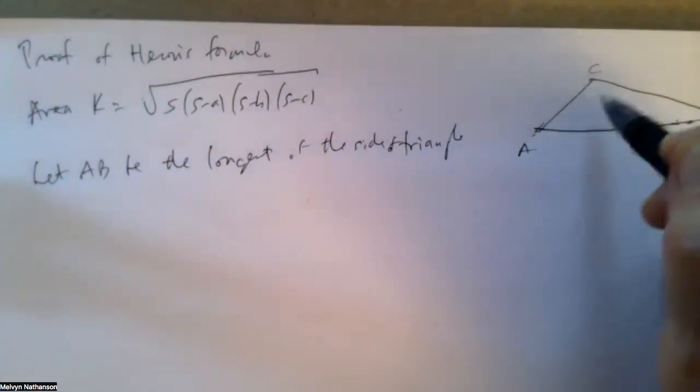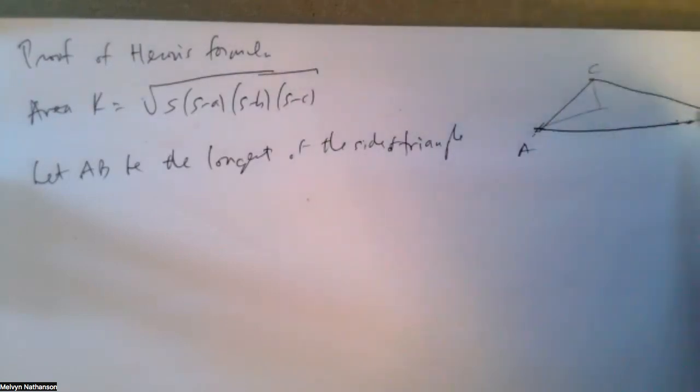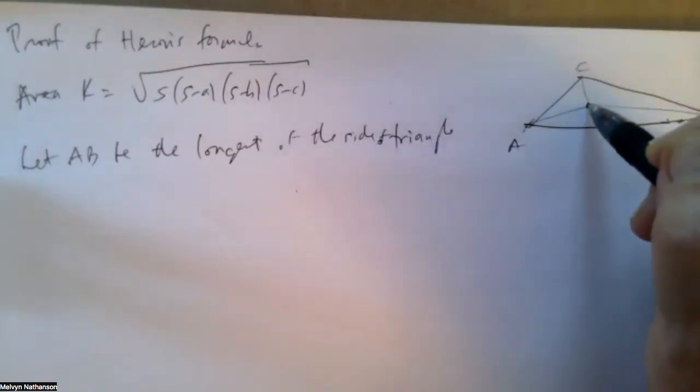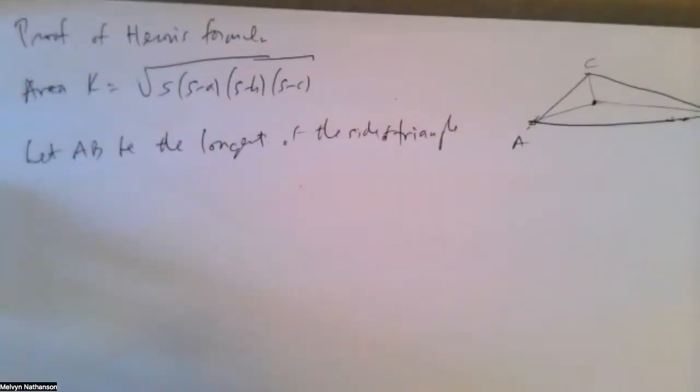If you take the angle bisectors, they meet at a point which is the incenter of the triangle.